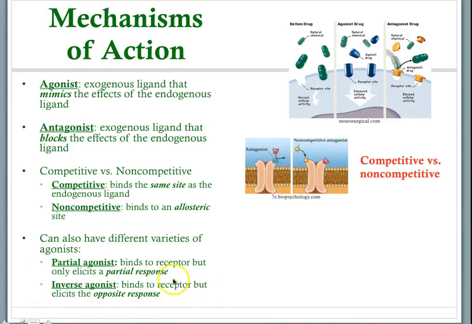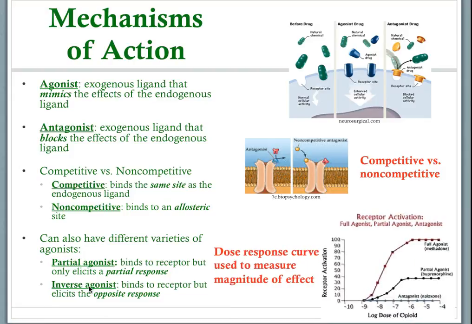I don't want you to think too much about this one because it's a little funny, and you have to know a little more pharmacology to understand exactly how these work. It's good to know that it's out there. It does bind to the same receptor and produces the opposite effect, but there are other reasons for that that we're not going to get into.